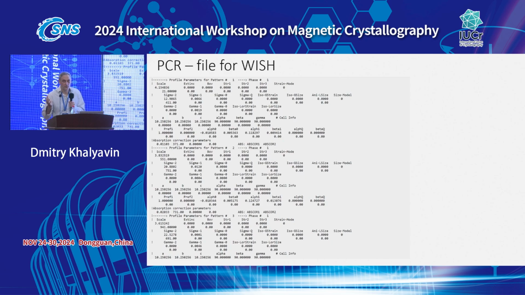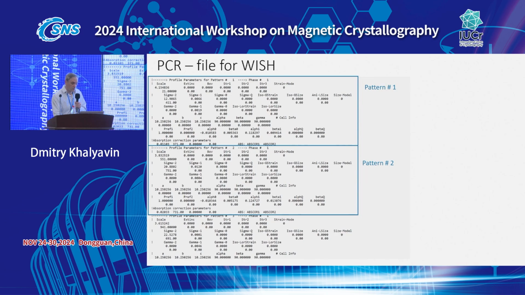We don't want, of course, unit cell parameters to be different in different patterns. While scale, absorption correction, and profile function parameters can be different for each pattern. So again, it's 5 times. For each pattern, we need to specify them. That is unit cell parameter, that is scale factor, absorption.